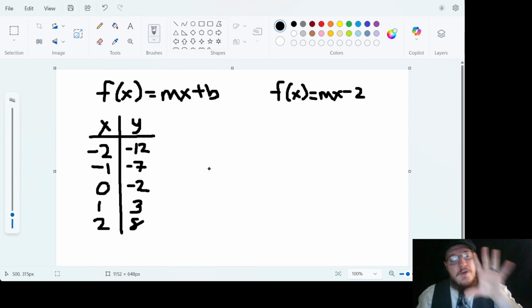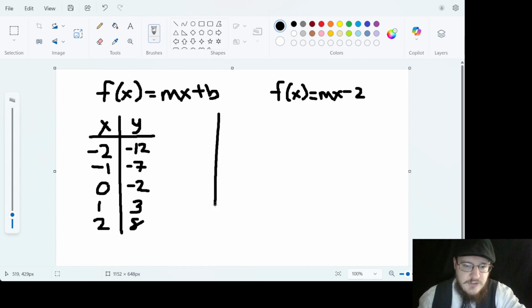So with our table of values here, we need to establish what our slope is. Real quick, I'm just going to do a general image for our graph. So y, x, and it's 0, -2, so our y-intercept is going to be down here somewhere. We have 1, 3, so up here somewhere, and 2, 8, say somewhere around up here.